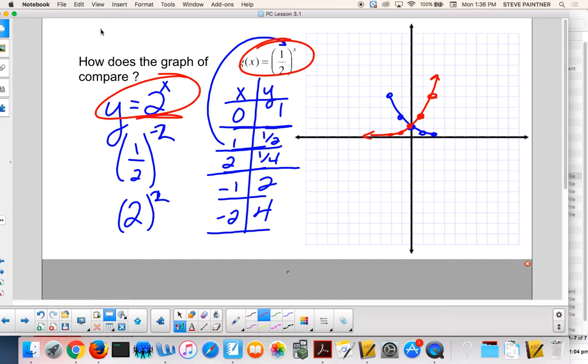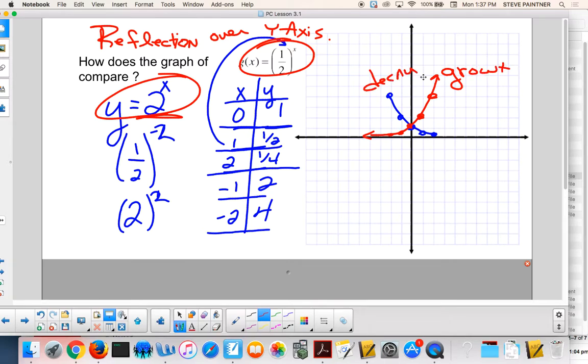So these are reflections over what? Over y. Which one's growth, red or blue? Red's growth. Which one's decay? Blue. Okay, this is decay.